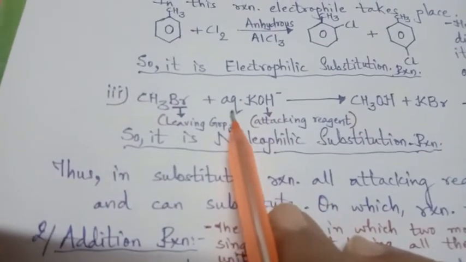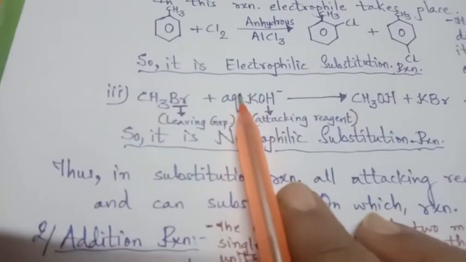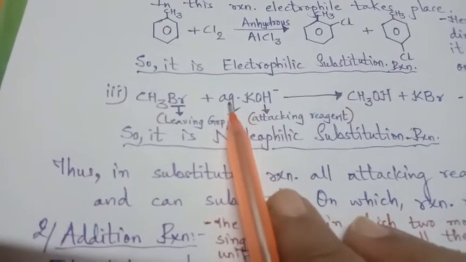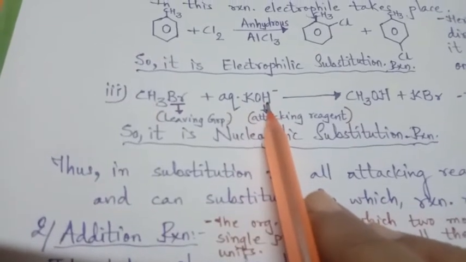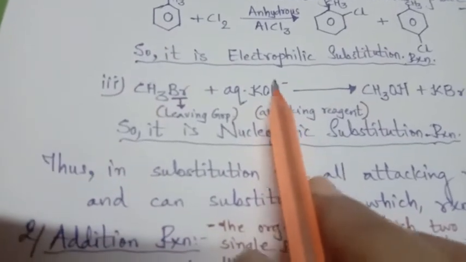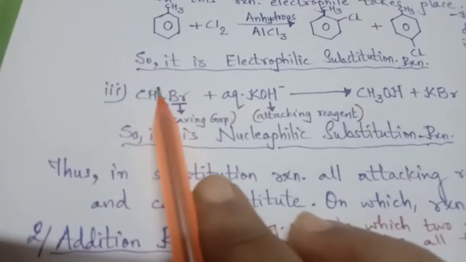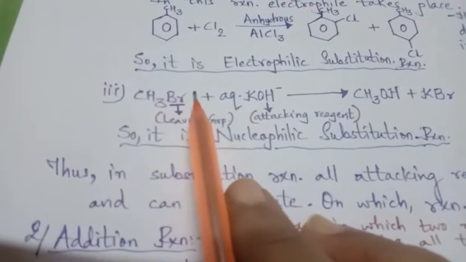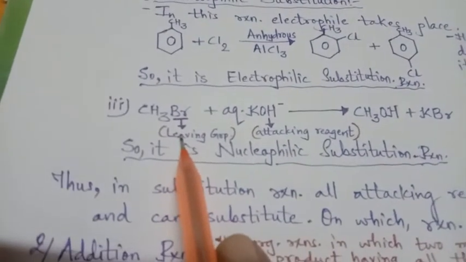Aqueous means that when this potassium hydroxide reacts with water, K plus and OH minus get separated, and this will attack the methyl group. Here we have CH3 plus and Br minus. So Br minus will be a leaving group.